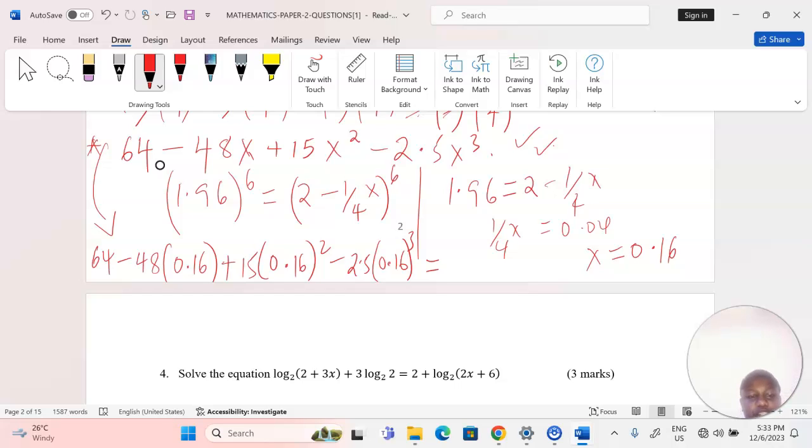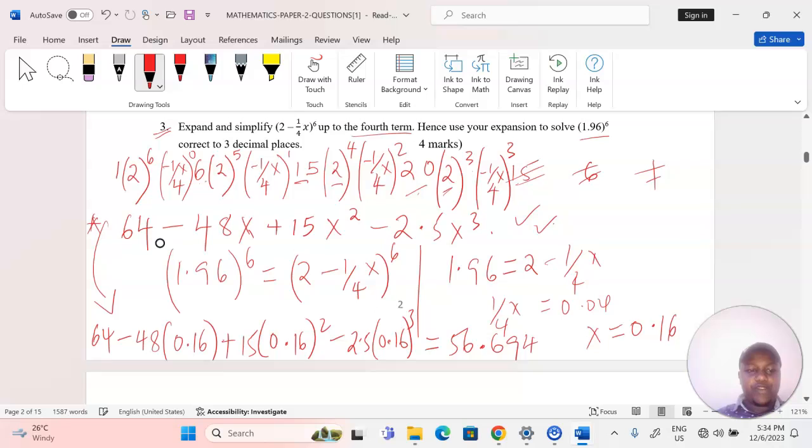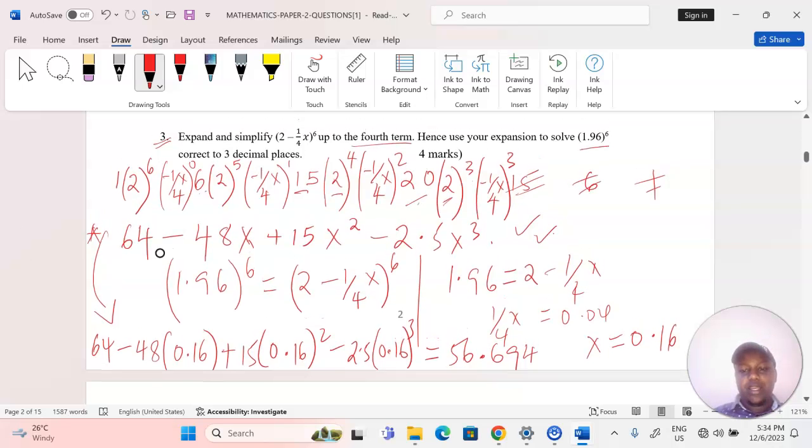So let me carry out this expansion. 64 minus 48, I open brackets for 0.16. Then I add 15, again brackets 0.16 squared, minus 2.5, 0.16 power 3. This is going to be 56.6937. So it becomes 56.694, so that I may stick to the accuracy which is desired of 3 decimal places.